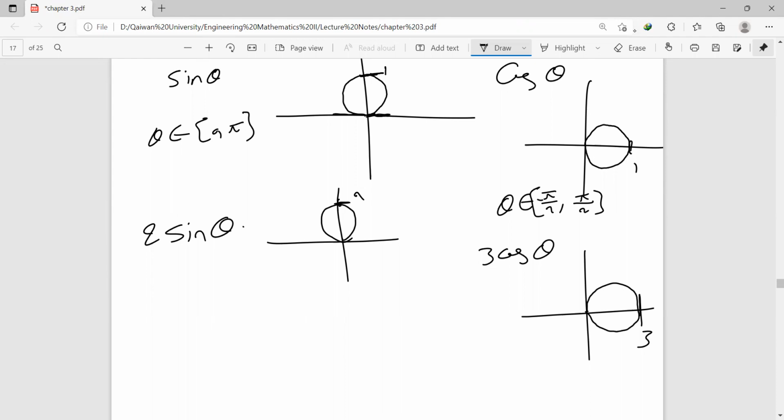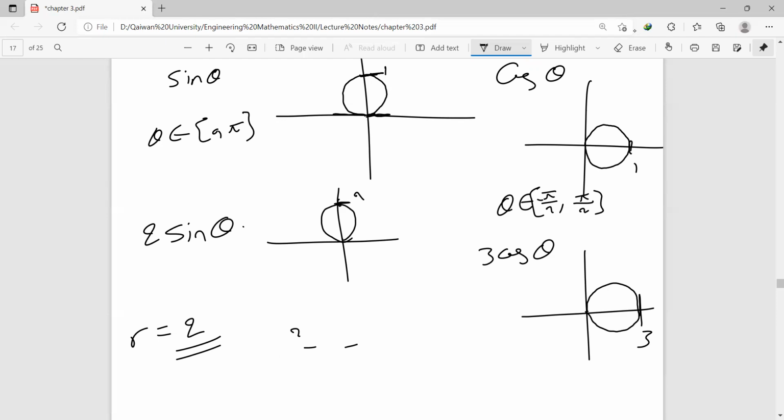So how about R? If R is, let's say, 2, that means x squared plus y squared equals R squared, which is 4. That means we have a circle with center 0, 0, and the radius is 2. When you say R is 1, that means we have a circle with radius 1.